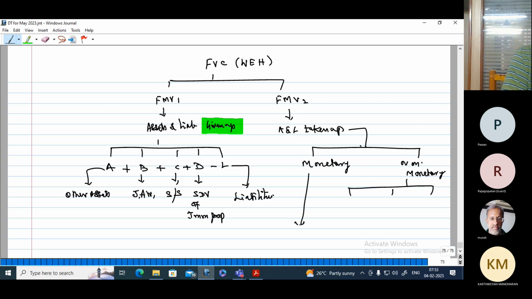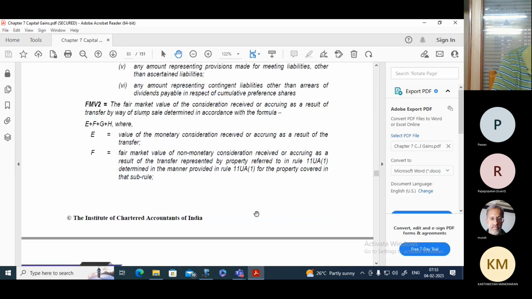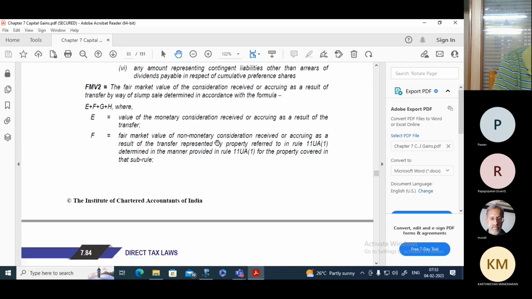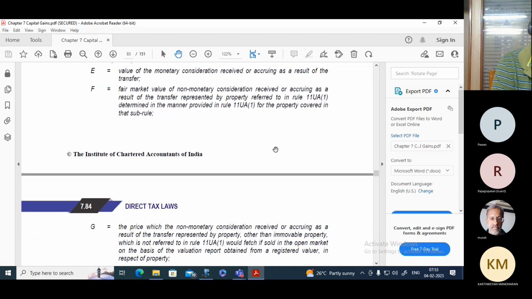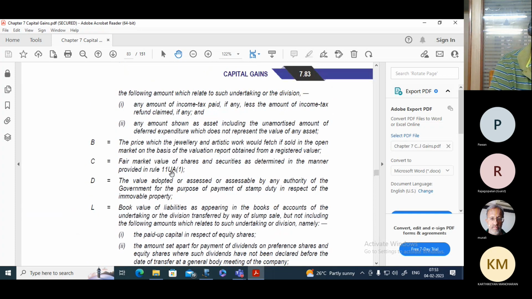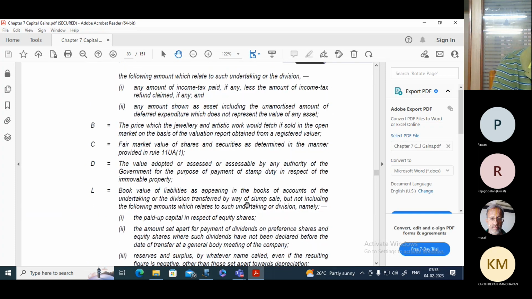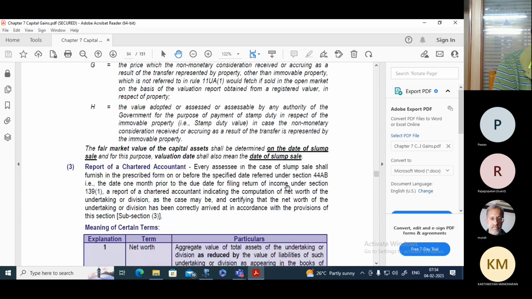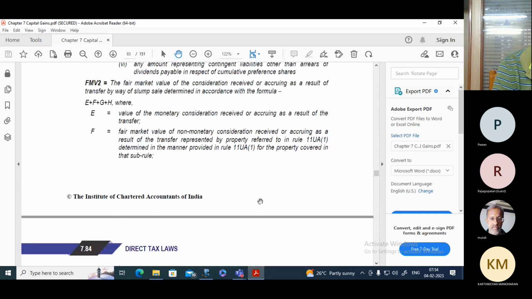Monetary is E. Under non-monetary, it could be shares and securities and all that, because remember 11UA1 is for shares and securities. Correct.